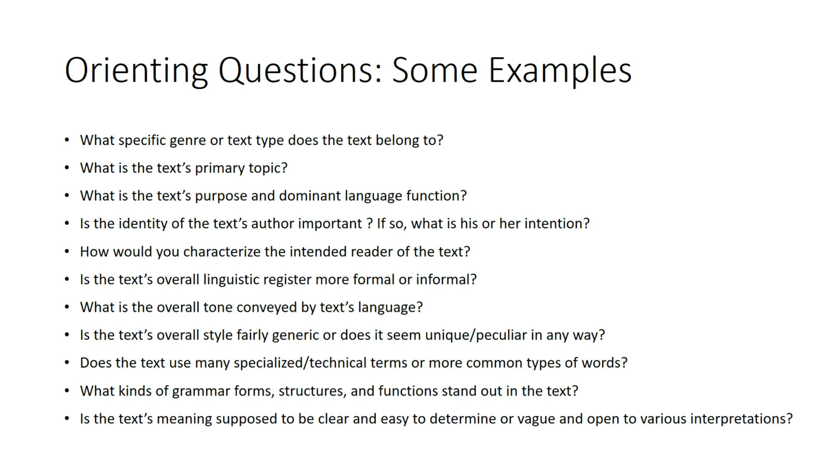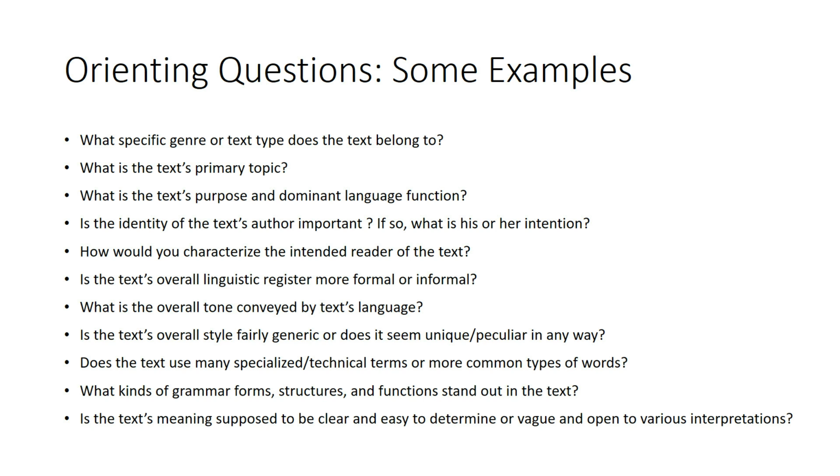To help you understand what orienting questions are and how they might be useful in your analysis, I thought it'd be good to provide some examples. So orienting questions are things that will help you to better analyze, break down the meaning of the source text and understand what components, factors, or dimensions of that source text are responsible for contributing to its meaning.